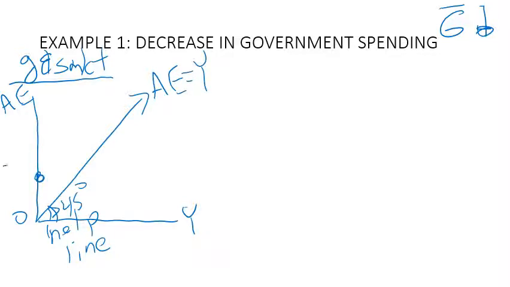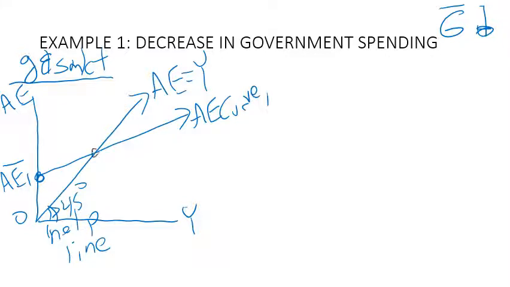Our starting point, autonomous aggregate expenditures 1. This is the AE curve 1. This is the equilibrium level of aggregate expenditures 1, and the appropriate level of GDP. Okay. All right, that's our starting point in the goods and services market.